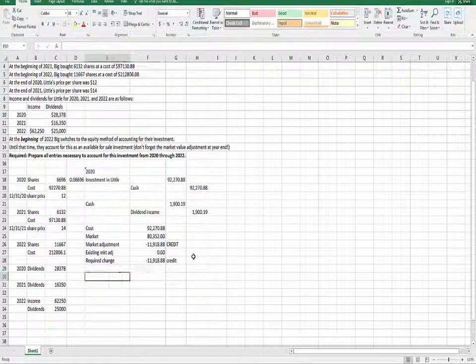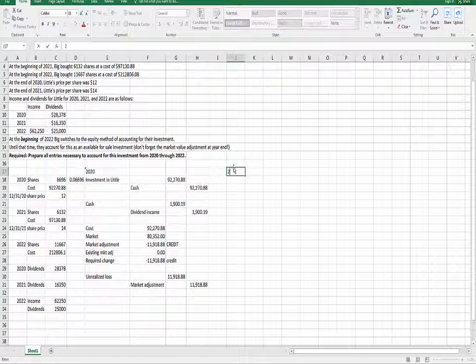So we're going to go ahead and credit the unrealized loss, and that's going to be a credit to the market adjustment. Okay. Go ahead and move these things over a little bit so they line up with the entries above it. Okay, let's go ahead and go on to 2021.